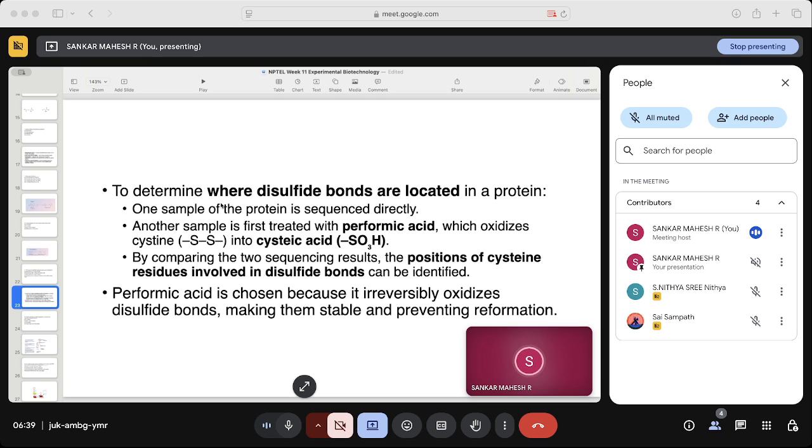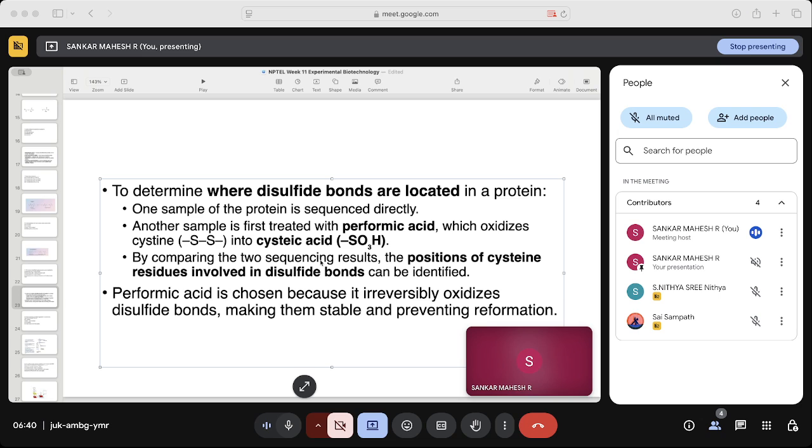In the other case, they'll treat it with this performic acid, which will oxidize the cysteine into cysteic acid. This is actually cysteine, it has an E here. Now both of these are different, because one is the wild type which, if you cleave it with a particular protease, will give you this covalently linked sequence, whereas in the other case you will get a different set of sequences.